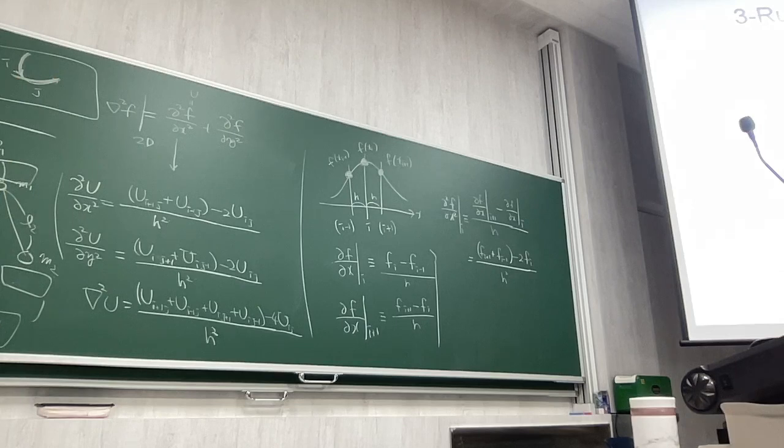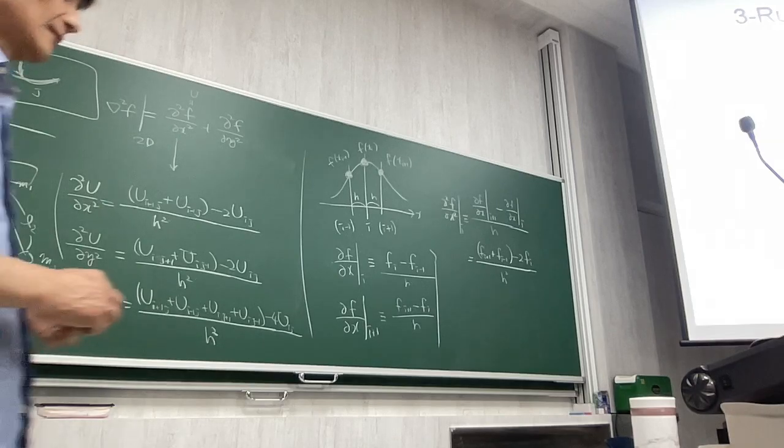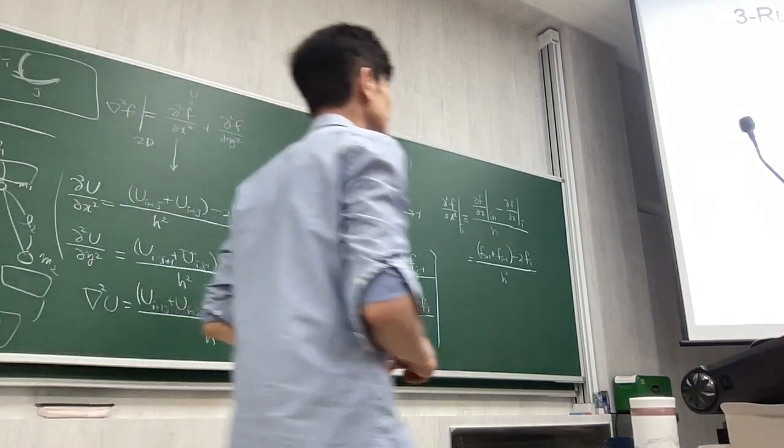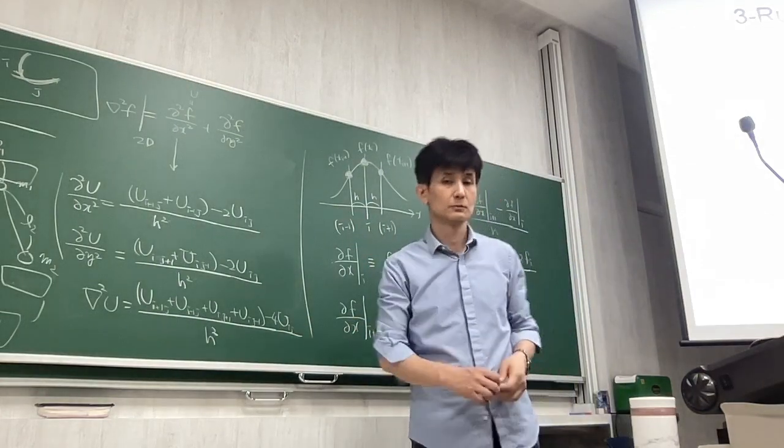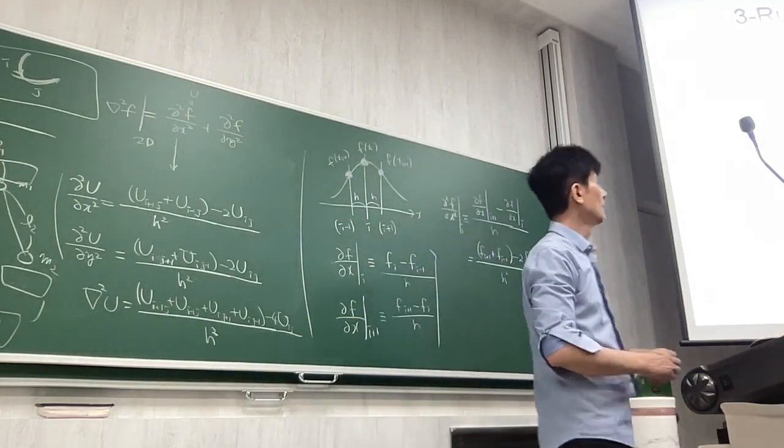So, to make this consistent, I define the x-axis as the first index, corresponding to the first derivative, and the y-axis as the corresponding axis for the second index of the matrix. So that's why it is defined like this.